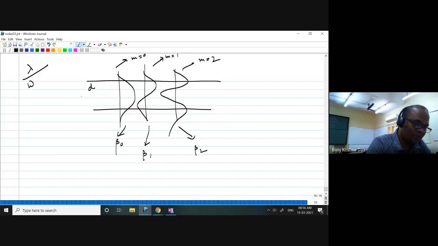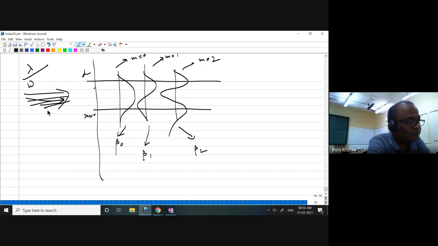Now, suppose you have a laser emitting lambda, launched. This is your waveguide interface, x equal to 0. Quick question, let me see how much you understand. At x equal to 0, you have a beam of light, laser light coming here.